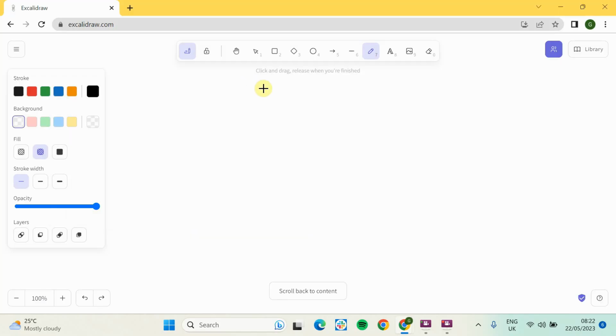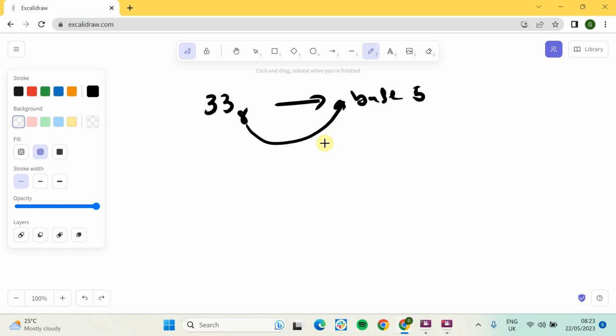Now, let's say for example I want to convert 33 in base 8 to base 5. I said that base 10 is the fundamental base, right? That means there might not be a simple direct way to convert from this base 8 straight to base 5. So what do we do? We break it into two.